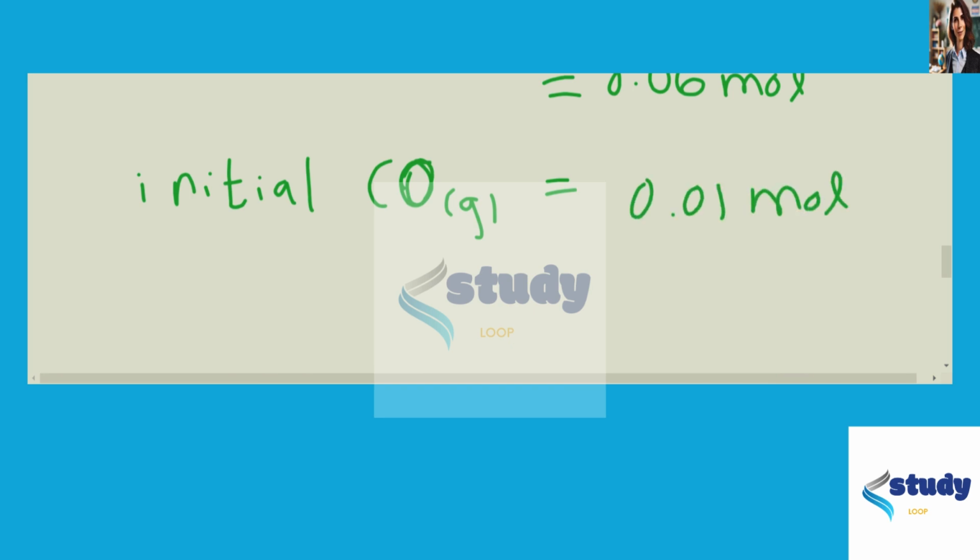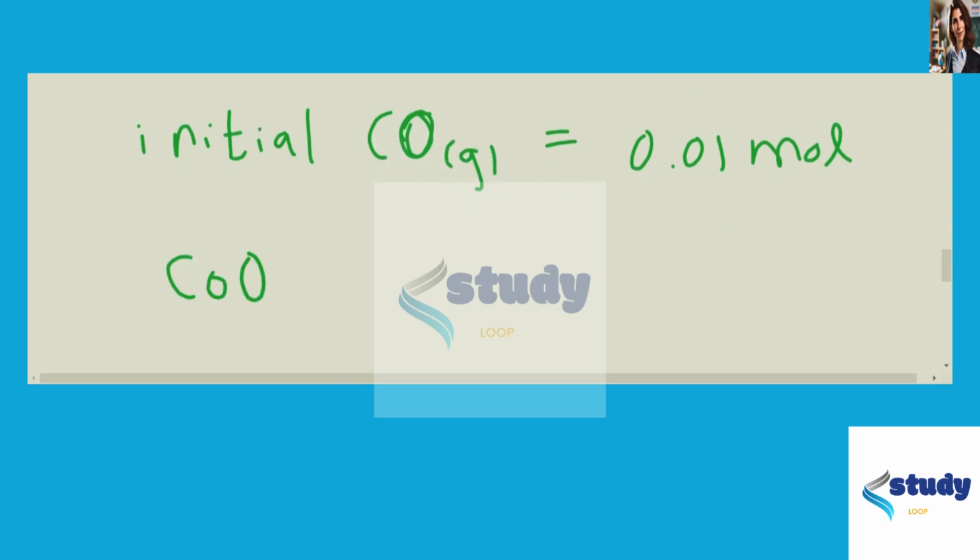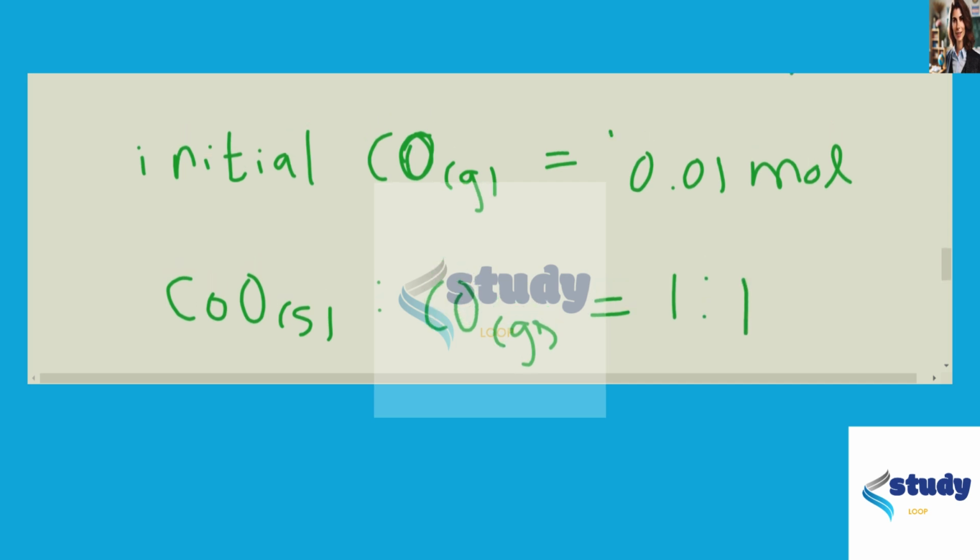0.01 moles, and because the stoichiometry between cobalt oxide solid and carbon monoxide gas is 1:1, the same amount of cobalt oxide moles present will react with the number of carbon monoxide moles present.